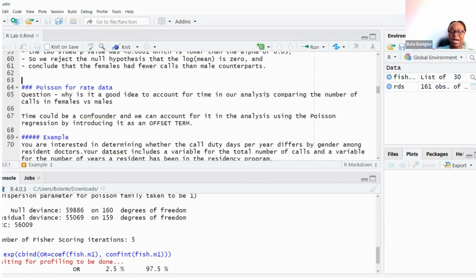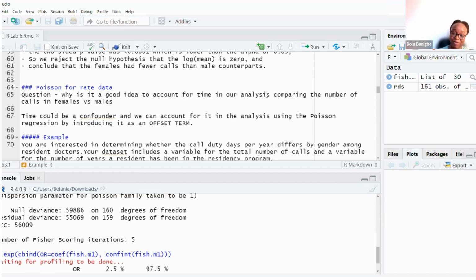Okay, so sometimes time is a confounder in our data set, and we want to account for it because we've collected this data over time.